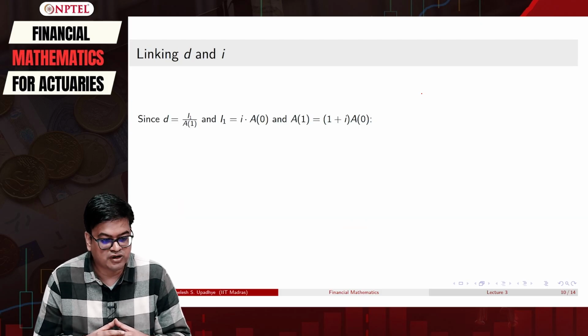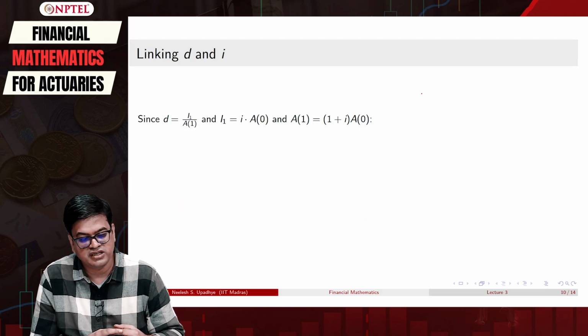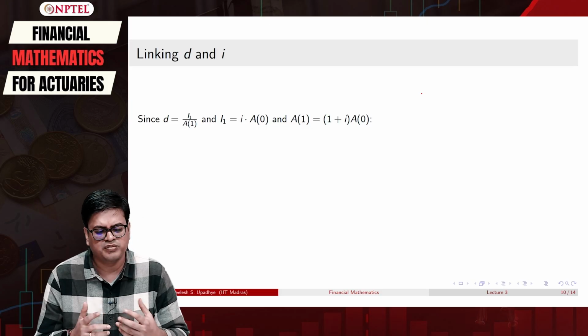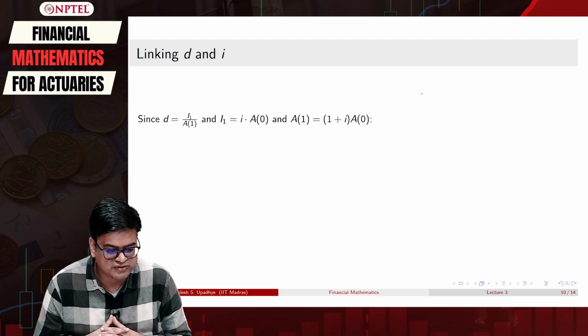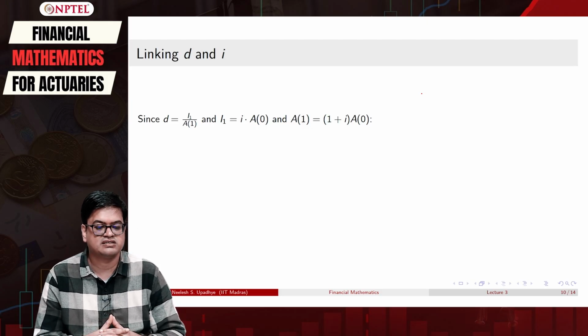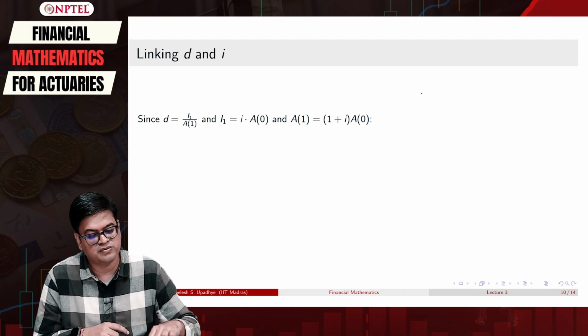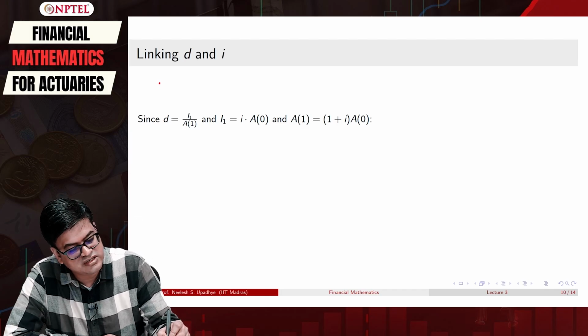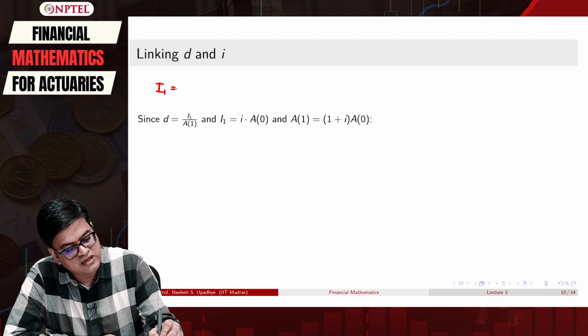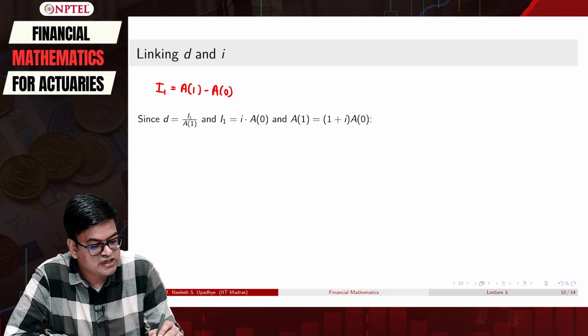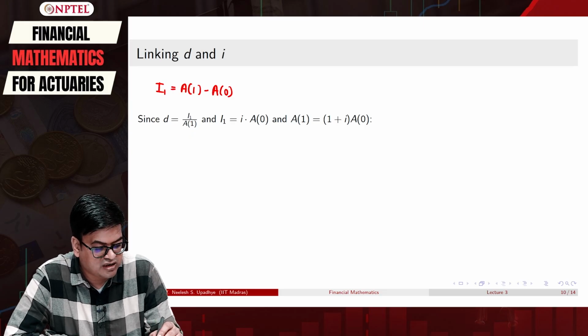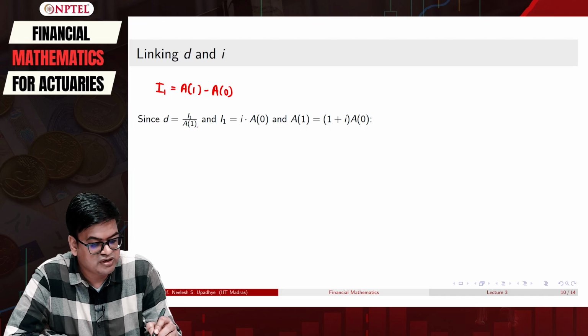Okay, so now let us link this d with i based on simple formulae that we have studied. So d is nothing but I1 by A1, and what is I1? We have already seen I1 is actually A1 minus A0. Okay, so d is A1 minus A0 upon A1.